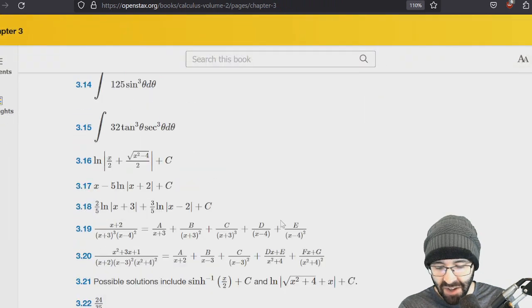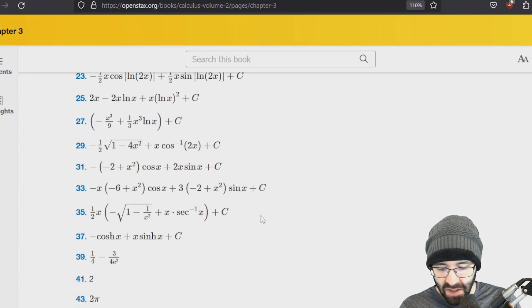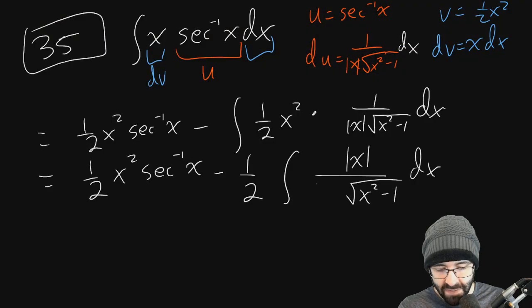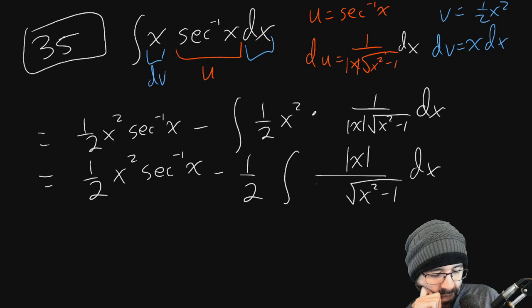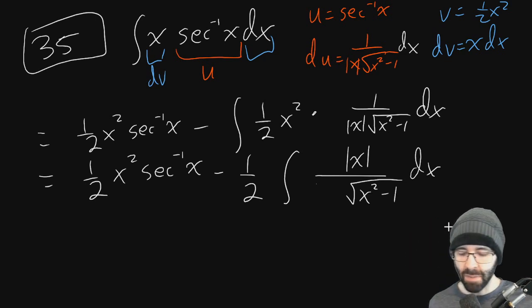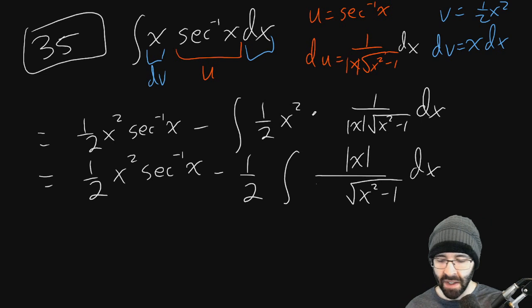So we're looking at number 35 here. Yeah, they just assume that x is positive, is what it looks like. I don't think we can make that assumption though. Let's play with it and see what happens.